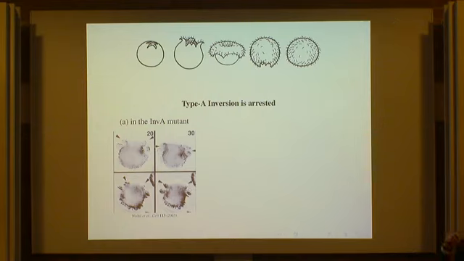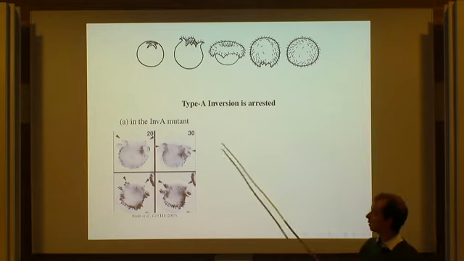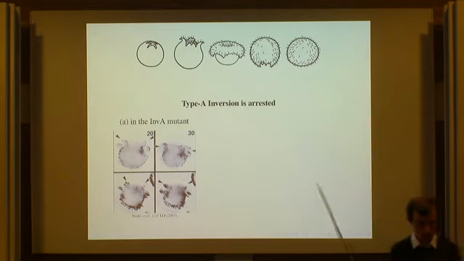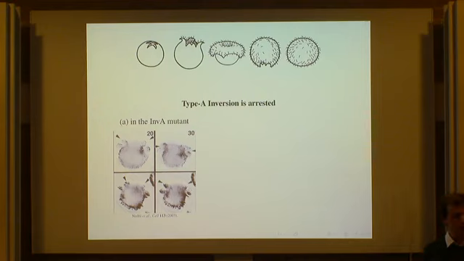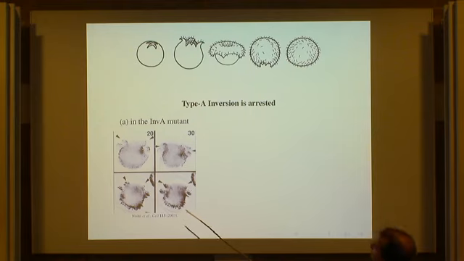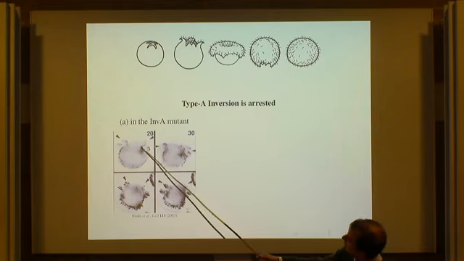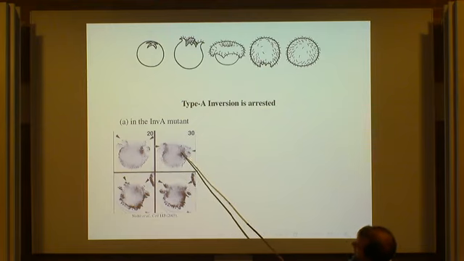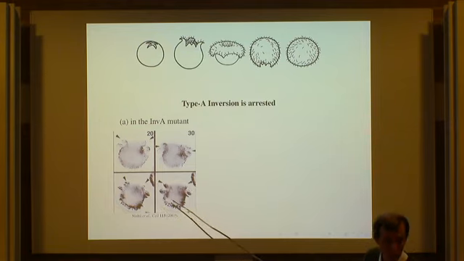This type A inversion is arrested, first of all, in a mutant called inv-A, in which you can have cell shape changes, but you can't have relative motion of cytoplasmic bridges in cells. So you can't have the same amount of splay of the cells. In the wild type, I'm not sure how much of this you can see, the lips start flipping over and eventually flip over completely. But in this mutant, the lips open up, but then don't flip over.